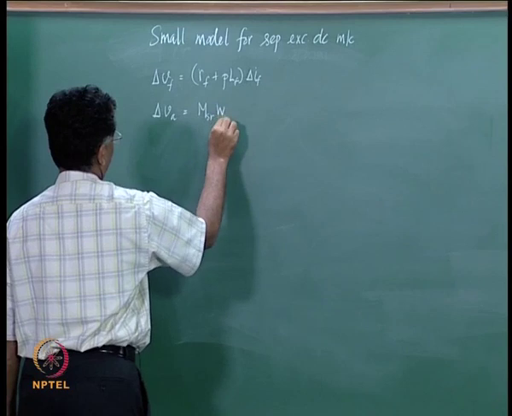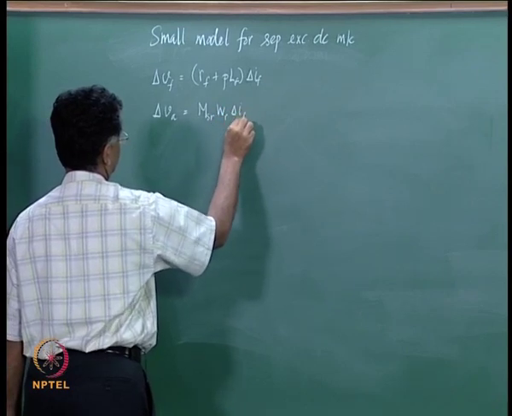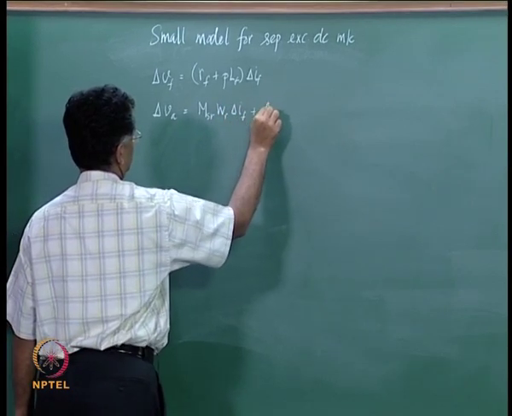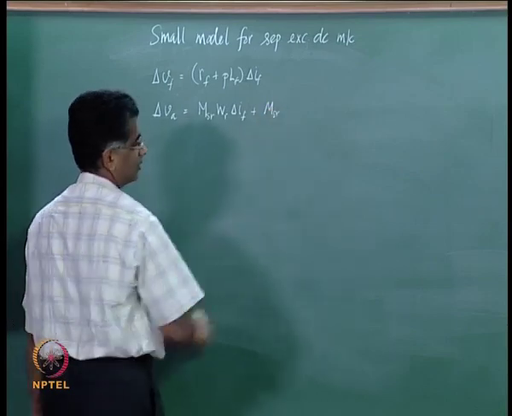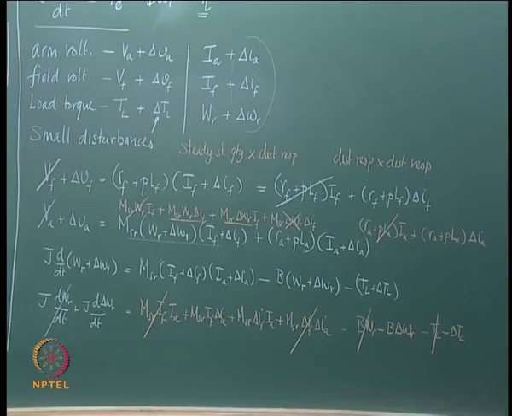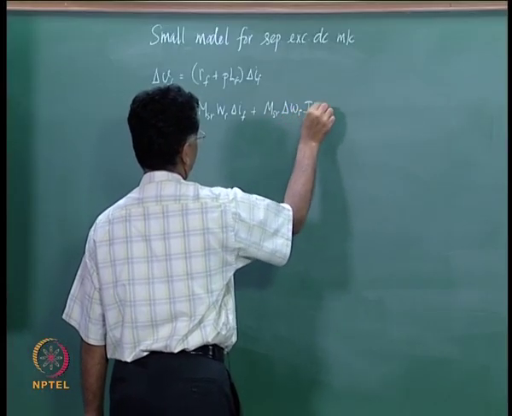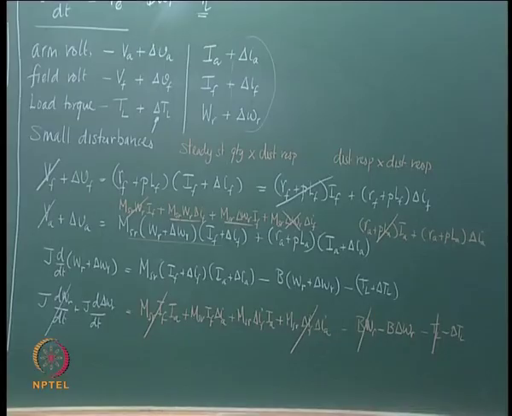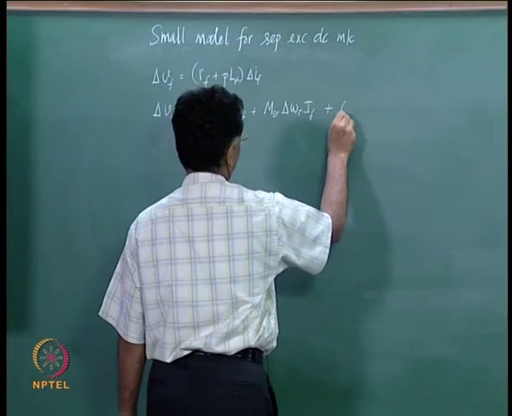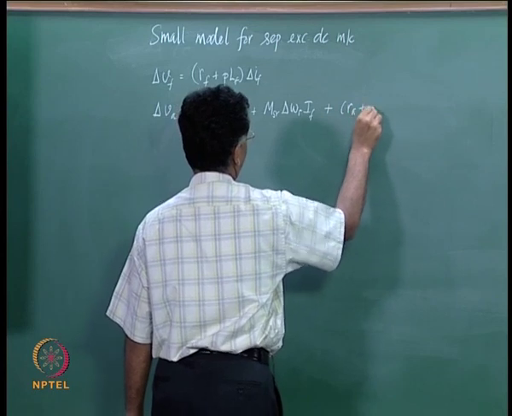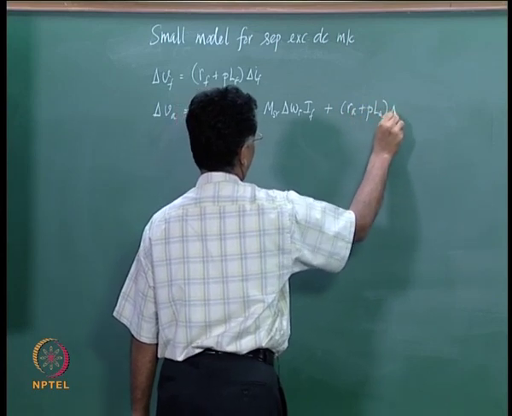MSR into omega r into delta If, plus MSR into delta omega r into If, plus (Ra plus PLa) into delta Ia.